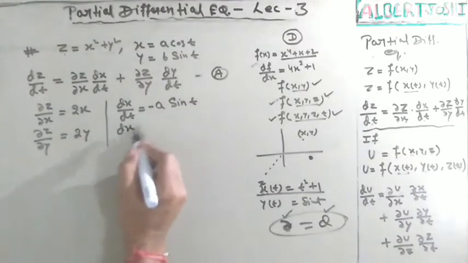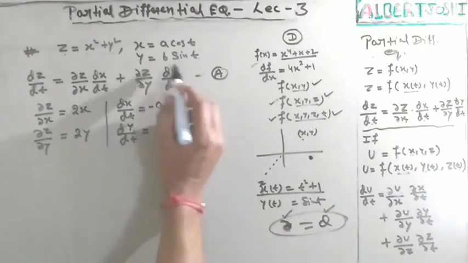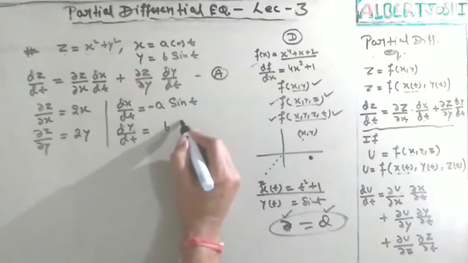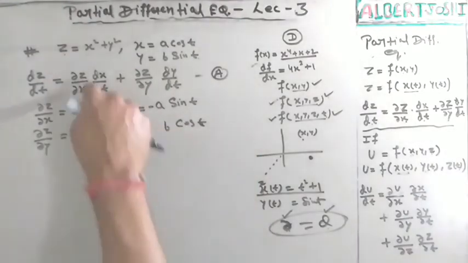Now you have to differentiate y with respect to t. You can see that b sin t differentiates to b cos t. So now you have to put everything here.